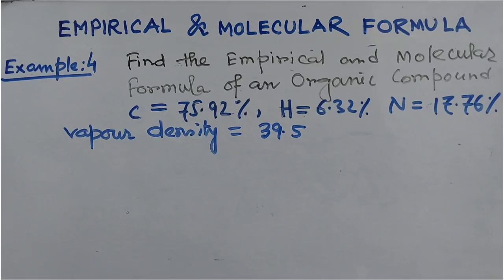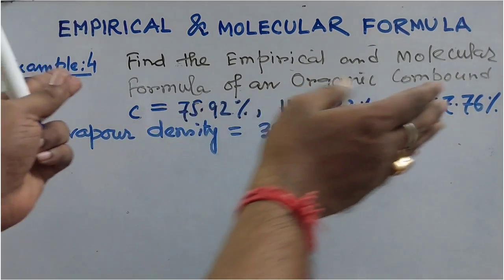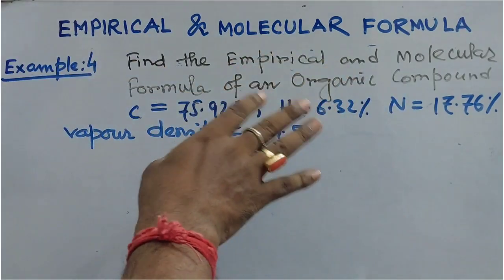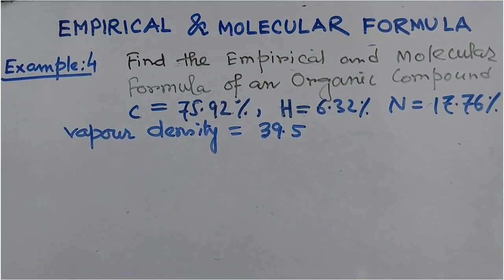Okay, let's start. Another example, example 4. Find the empirical and molecular formula of an organic compound whose percentage composition of carbon is 75.92%, hydrogen 6.32%, nitrogen 17.76%. Actually, the constituent elements' percentages of a whole will be 100%. Vapor density given is 39.5.